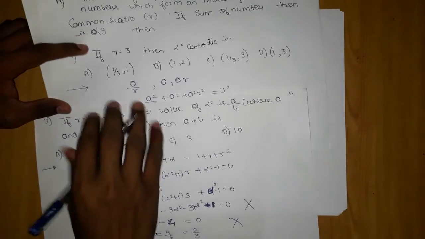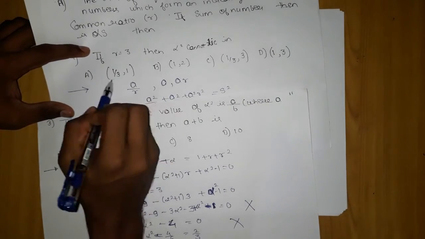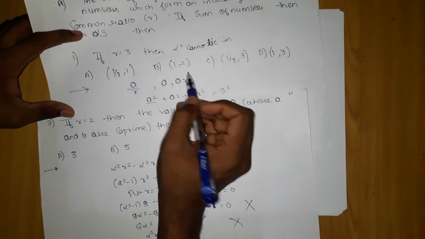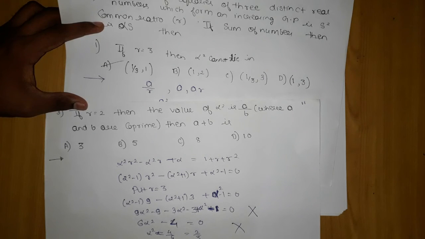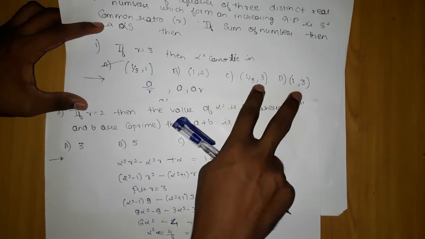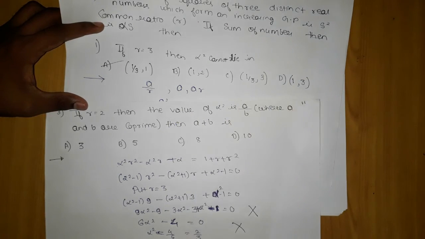1 point something. Okay, so this is 0 point, and between 1 point, okay, this we will reject, it cannot lie between this and 1 by 3 and 3. It can lie between this and this, 1 comma 2, 1 point something like that.